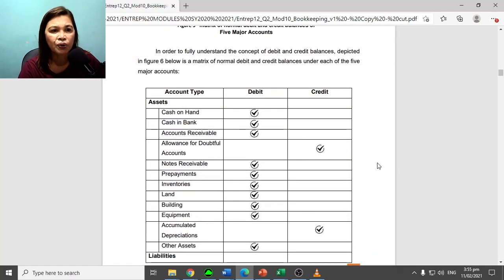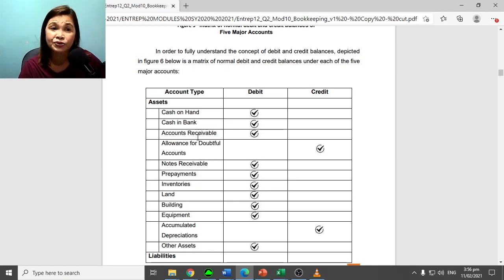Okay. So, what about the specific account titles of assets? Here we have the normal debit balances, except for what we call the contra account. For example, we have here allowance for doubtful accounts. Now, what is this?